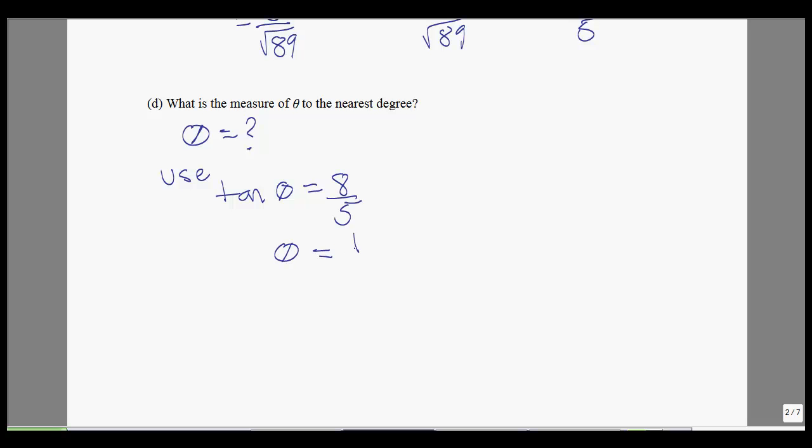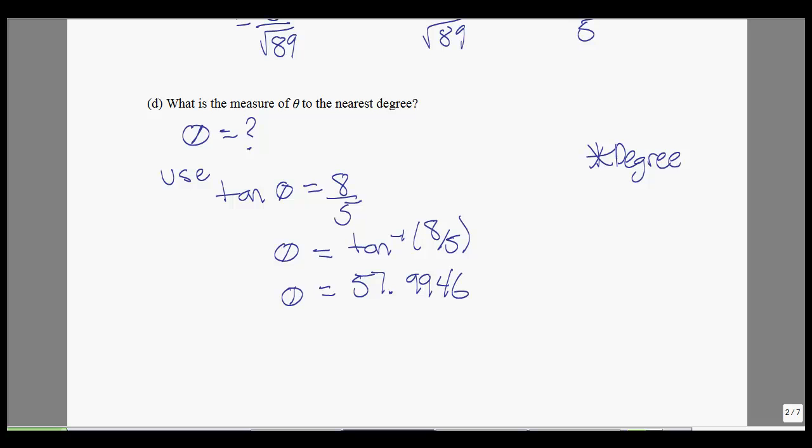Having theta on its own, we inverse tan 8 over 5. And plugging that into our calculator in degree mode, that gives us an answer of 57.9946, and it goes on, which is approximately an angle of 58 degrees. That is our measurement for angle theta.